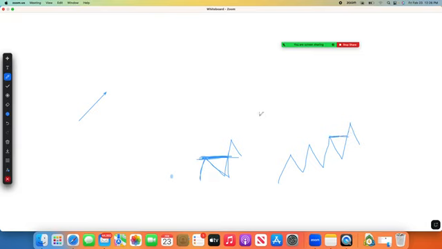So if this is a candlestick, so now, when the liquidity, now let's go this way.